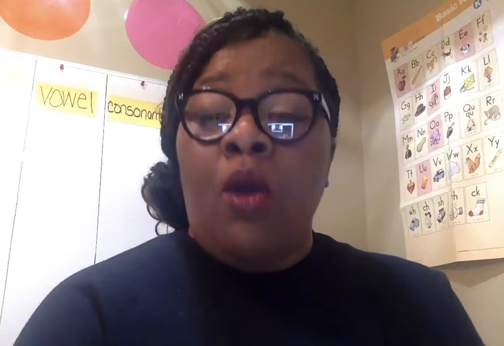So I know that the last time we were together, in the previous video, we learned about the vowel consonant E sound. Today we're going to go a little bit further into the lesson and we're going to discuss the Z sound.